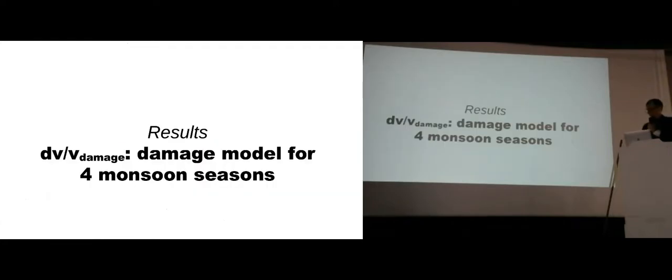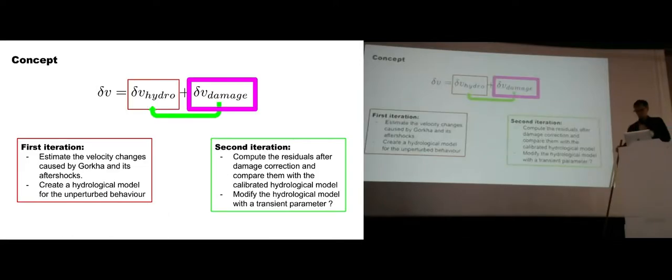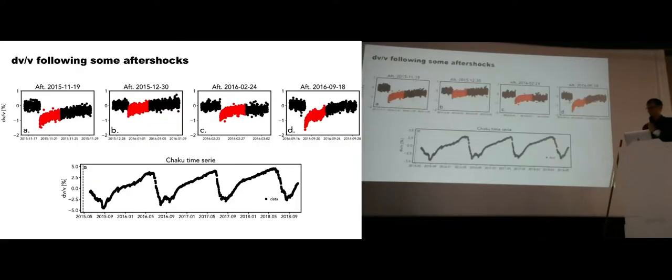So what about the aftershocks, the damage? We also have to describe the damage to obtain a clue about the interaction between those. So we looked at the aftershocks and tried to model the drop and recovery of the aftershocks. We have four of them which are of particular quality.